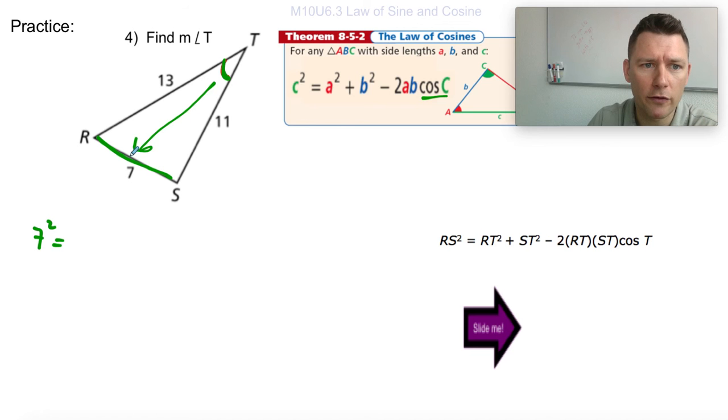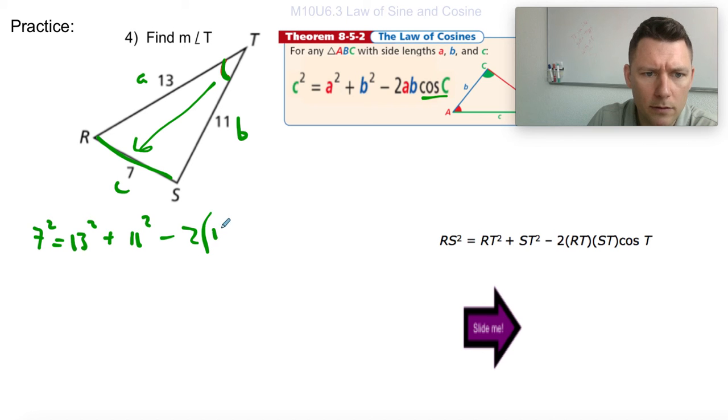Let's just call this one A, call this one B. We know this one has to be C, these two don't, their order doesn't matter. So this is 13 squared plus 11 squared minus 2 times 13 times 11 times the cosine of C.